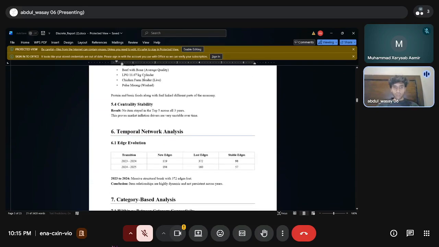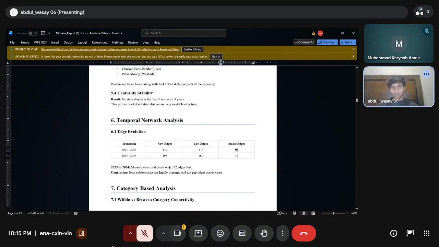Okay, moving on to temporal network analysis. From year 2023 to 2024, we saw 119 new edges, but we lost 372. And there were 98 edges that remained stable. These were the edges that did not change and remained constant throughout the graph. And this is the data for 2024 to 2025.